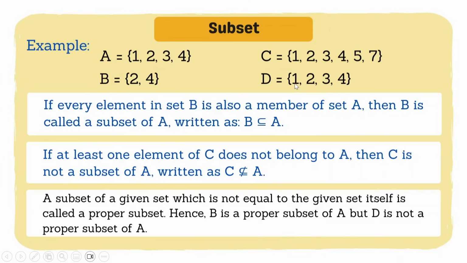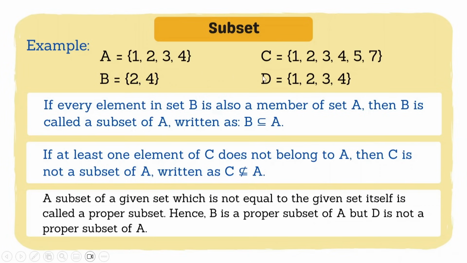Okay, kung makikita po natin dito, we have 1, 2, 3, 4. Lahat po ng elements ni set D ay nasa set A din po. So, itong dalawang to, si set B at saka si set D, ay parehong subset ni set A.